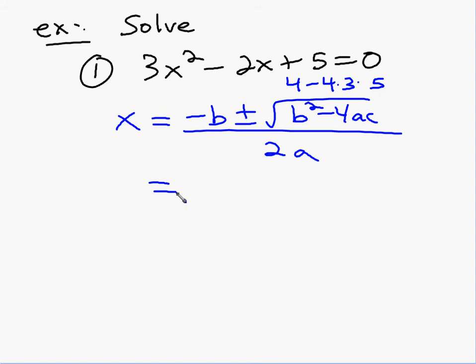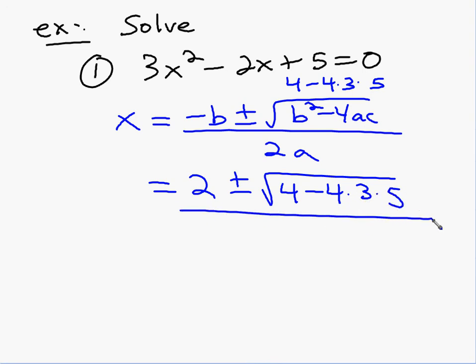So let's go through the quadratic formula. Negative b is going to become positive 2 plus or minus the square root of 4 minus, we already wrote it up there, 4 times 3 times 5, all over 2 times 3, which is 6. So 4 times 3 is 12. 12 times 5 is 60.